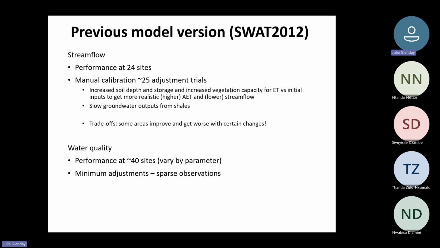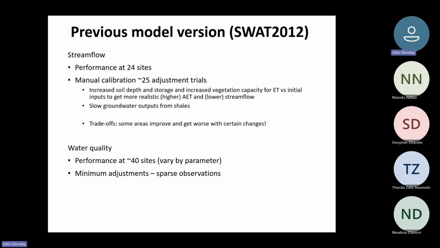So when I was doing SWAT 2012, I looked at 24 different streamflow gauges, and I did about 25 different trials of adjusting parameters. Mostly I was adjusting soil depths and storages and the way that the recharge worked, because with the initial parameters there was way too much water coming out and not enough evapotranspiration.